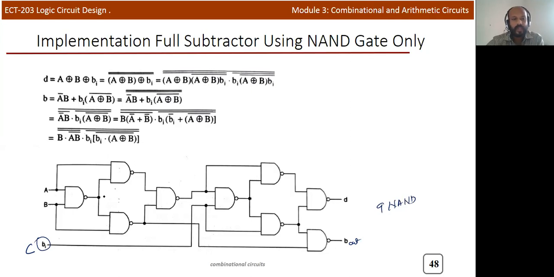Okay, so you can write like this: A B the whole bar. Here one input is A, another input is A bar B. So you can write A B the whole bar, the whole bar. Similarly, the lower portion will be B A B the whole bar. Okay, in the same way you can proceed, and finally you will get difference is equal to A XOR B XOR, here the letter is BI, or you can write C also.